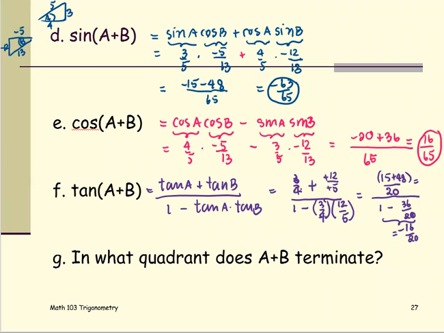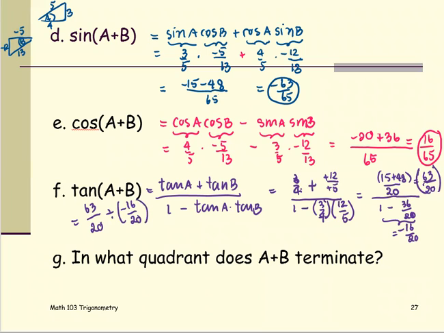The numerator is 63 divided by 20, so we have 63 over 20 divided by negative 16 over 20.